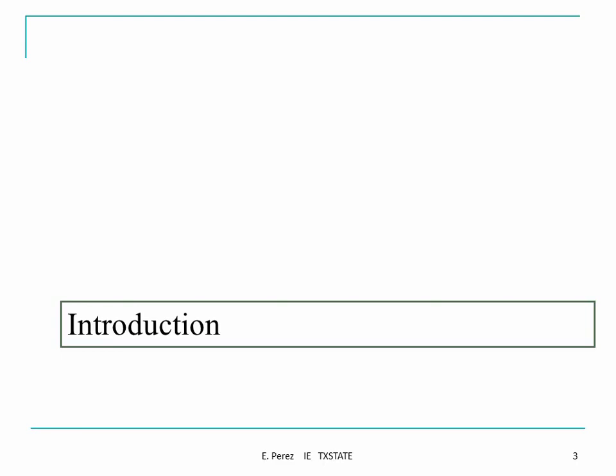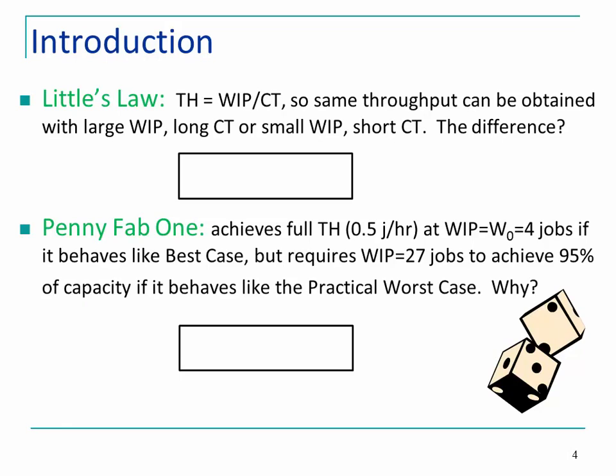Okay, so as an introduction, we're going to look at a specific problem, and we're going to use that example through the lecture today. But before we get into that, last week we discussed what Little's law is, and basically it is an equation that relates the width, the cycle time, and the throughput. And so the same throughput can be obtained with a very large width and long cycle time, or with a small width and a short cycle time.